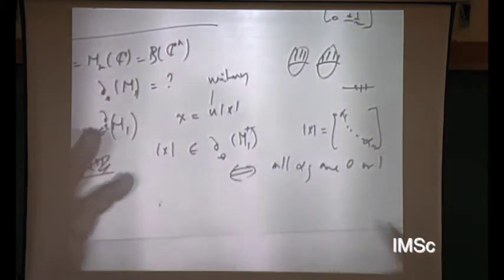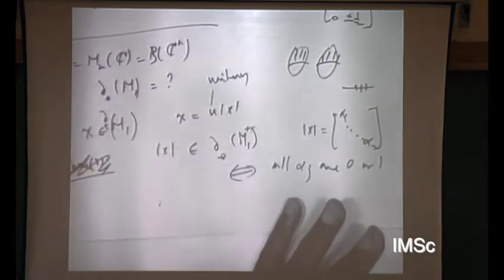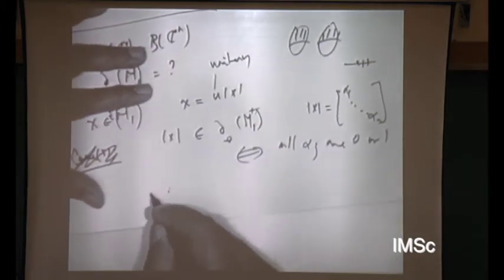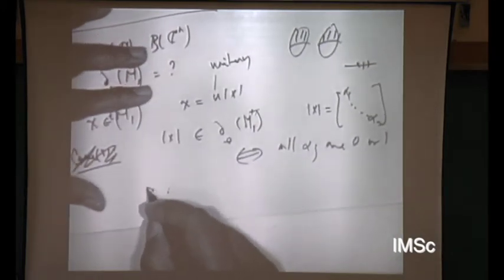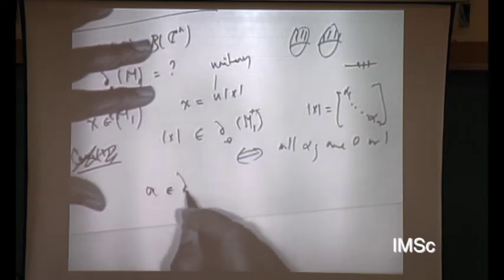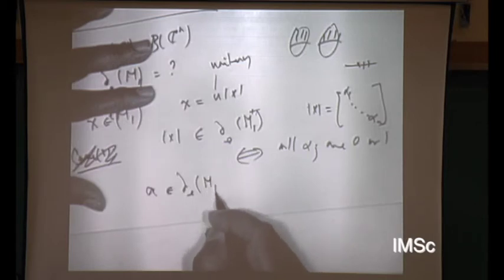But I'm saying conversely, if some alphas are 0, let me ask, when is a self-adjoint element an extreme point of the unit ball of Mn?